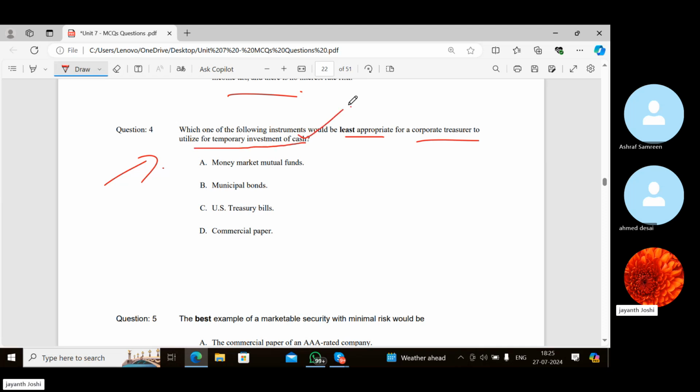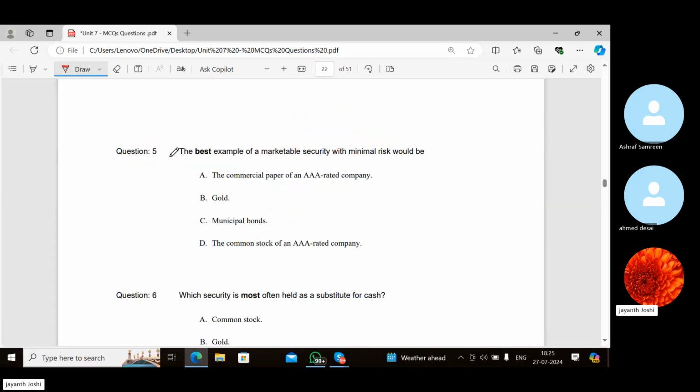For temporary investments, you want short-term funds. This is good, but this is for long term. Okay, next question. The best example of a security with minimum risk would be, according to me, commercial paper of an AAA rated company. That means these are the ratings they have, the best one.